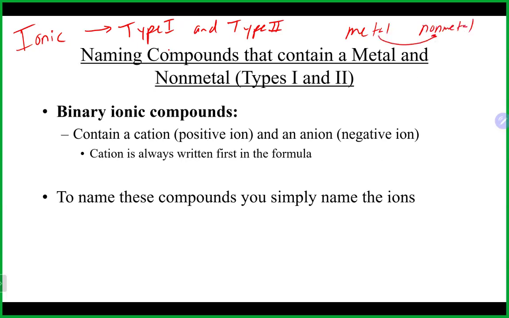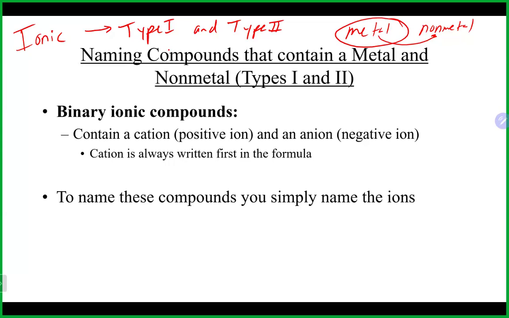I would say in the case of metals and nonmetals, whenever a metal's involved and you need to name it, it is always that metal that is the most important thing. The metal is really the one that determines how you go about naming the whole thing.